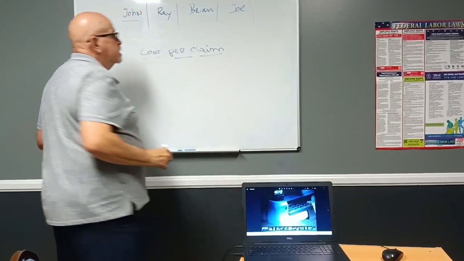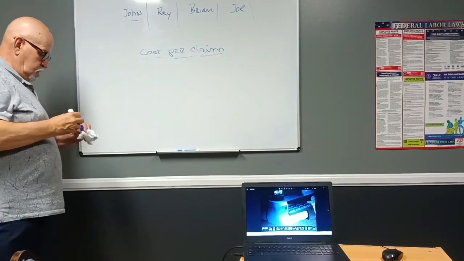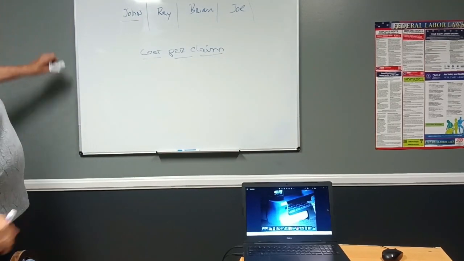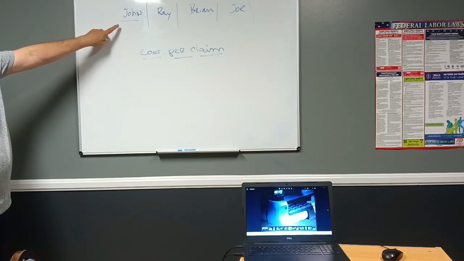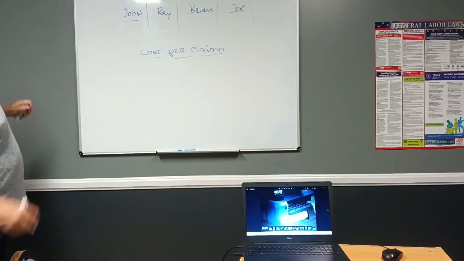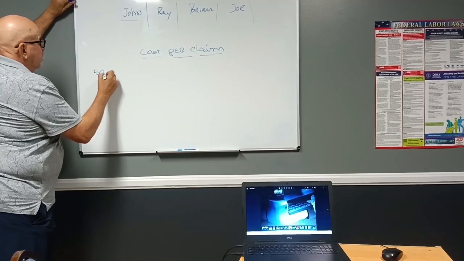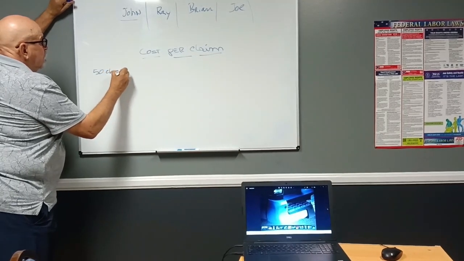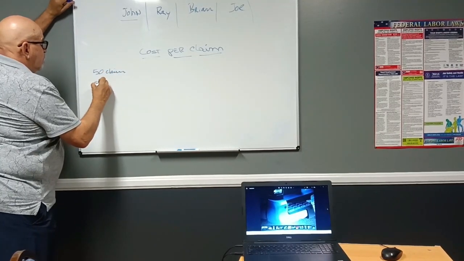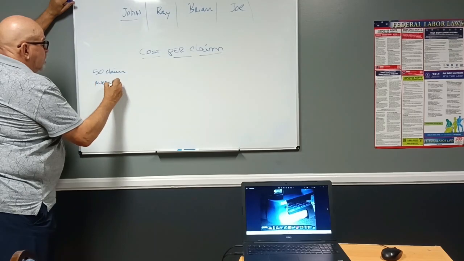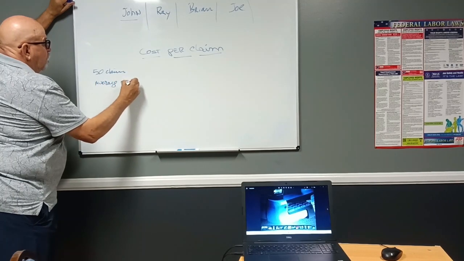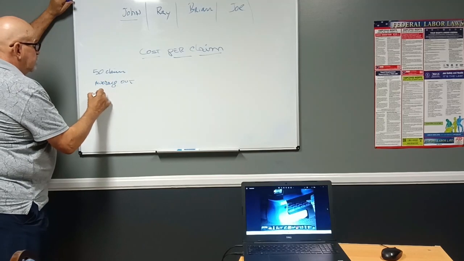And what that is, they'll count 50 of John's claims, 50 claims, and they'll average it out, what he's spending per claim.